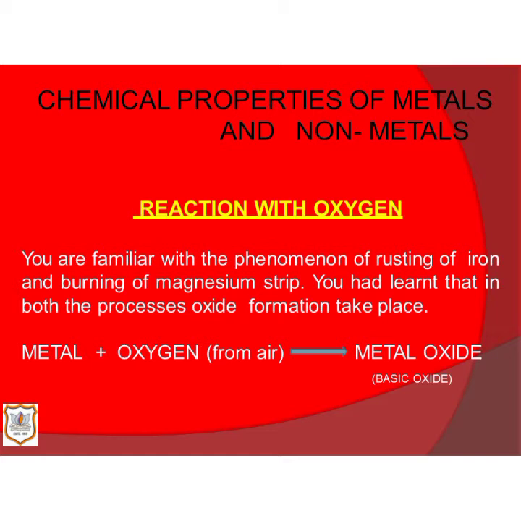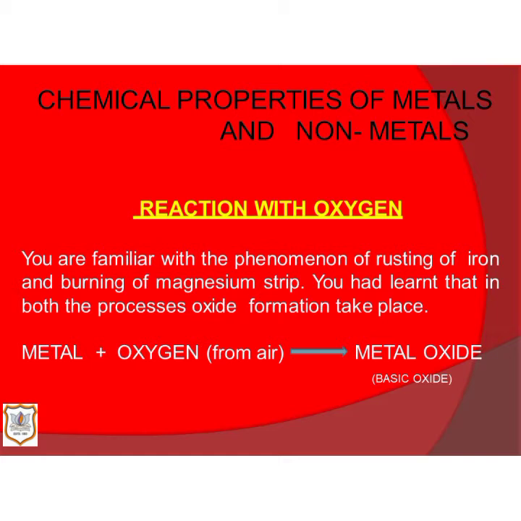Our first chemical property is reaction of metals and non-metals with oxygen. First we will study about reaction of metals with oxygen. You are familiar with the phenomenon of rusting of iron. Iron is a metal, and burning of magnesium strip. Magnesium is also a metal.